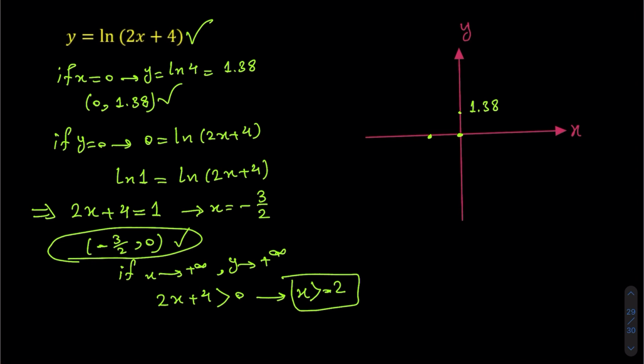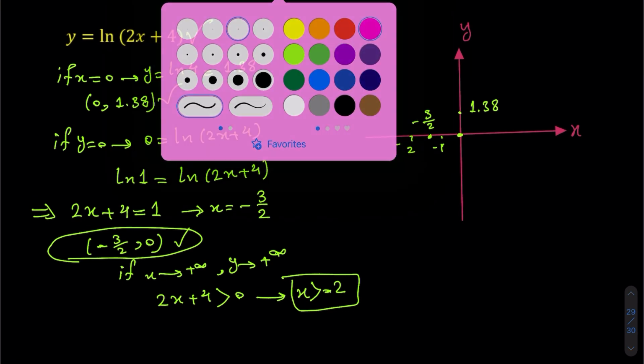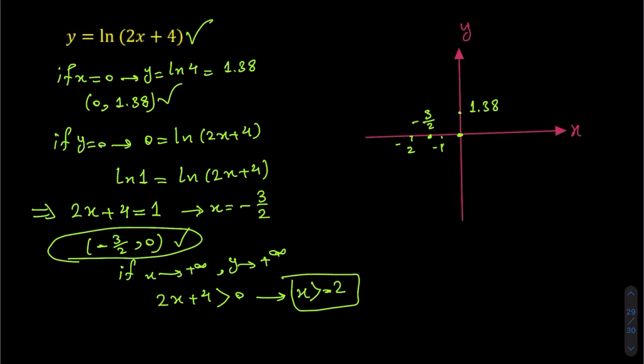Let's say this is 1, this is 2. So here will be negative 1.5, or 3 over 2, and negative 2, which x must always be larger than.